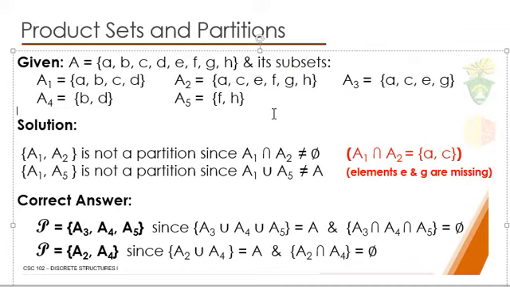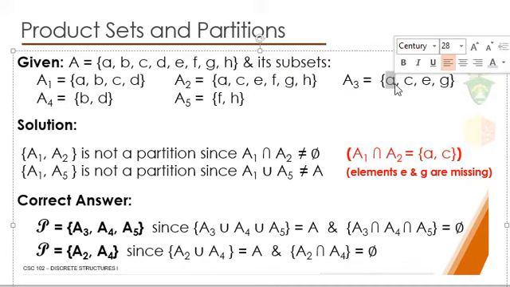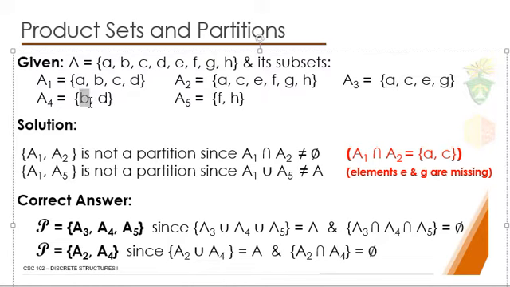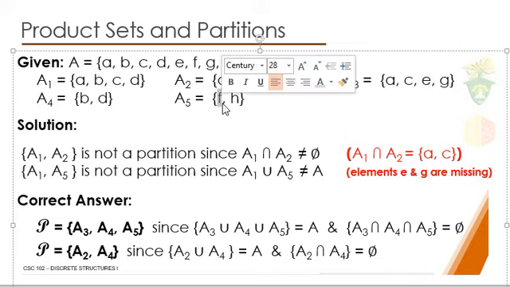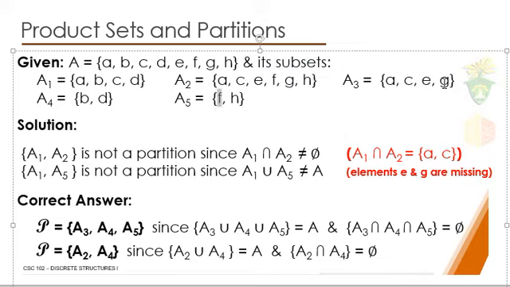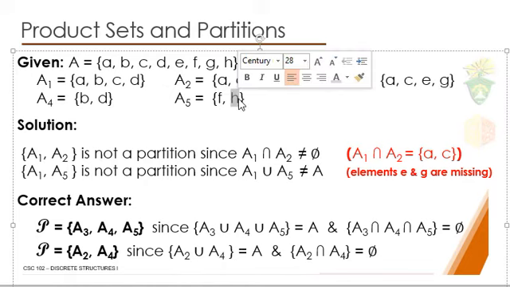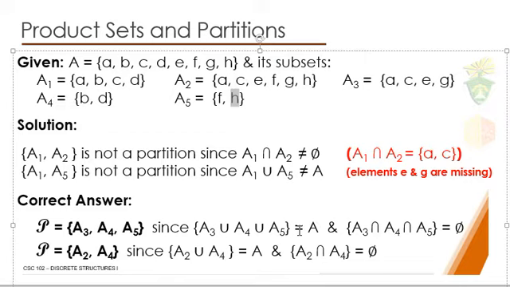So, let's check. So, A sub 3, A, si B naa dinhi, si C naa dinhi, sunod D, ang E naa dinhi, ang F naa sa A sub 5, ang G naa sa A sub 3, and then ang H naa sa A sub 5. So, it's obvious that the union of the three subsets equates to A.